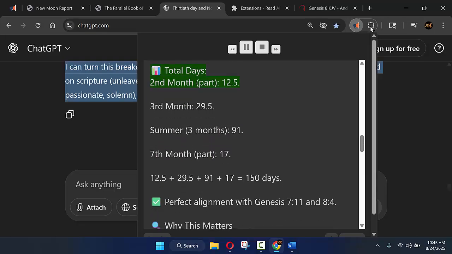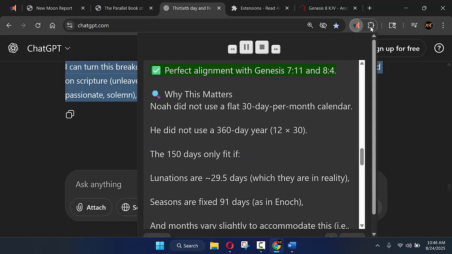Bar graph, total days: second month, part, 12.5. Third month, 29.5. Summer, 3 months, 91. 7th month, part, 17. 12.5 plus 29.5 plus 91 plus 17 equals 150 days. Checkmark: perfect alignment with Genesis chapter 7 verse 11 and 8:4.